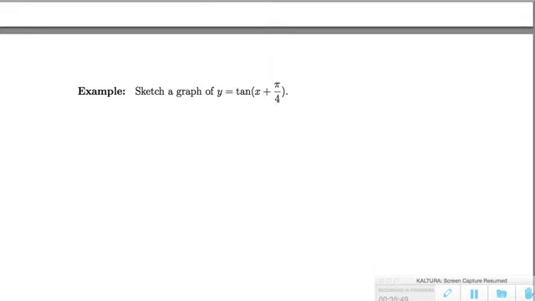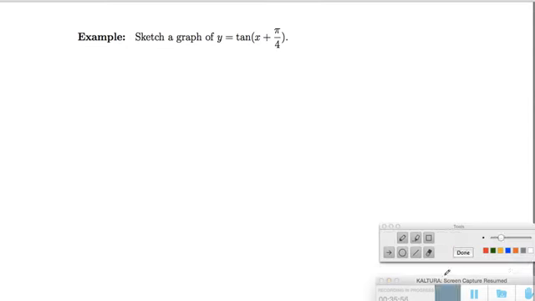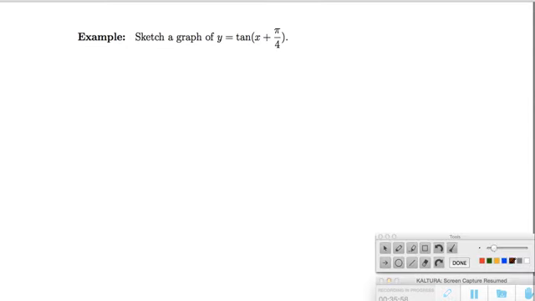So suppose you wanted to graph a shift of the tangent function. Well, remember how shifting goes. If you take a function and add a positive constant, it goes up c units. If you subtract a positive constant, you're going down.